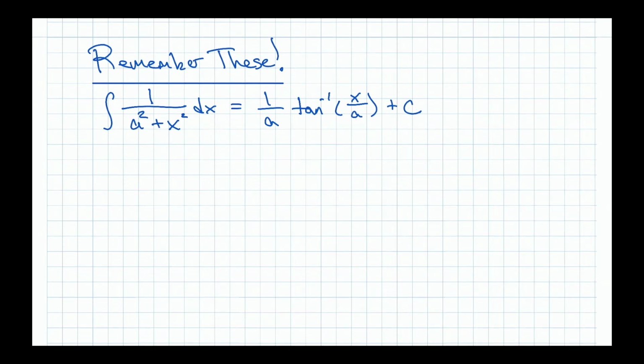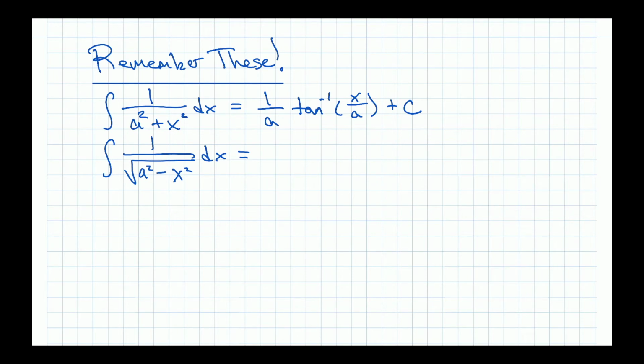That's a good one. Then we're going to have one for the sine, 1 over square root, not 1, right? We're changing that. a squared minus x squared dx.